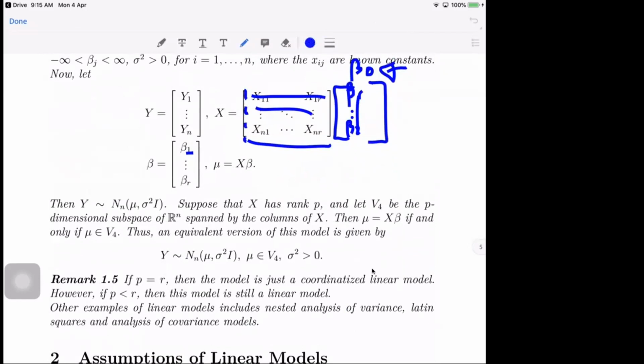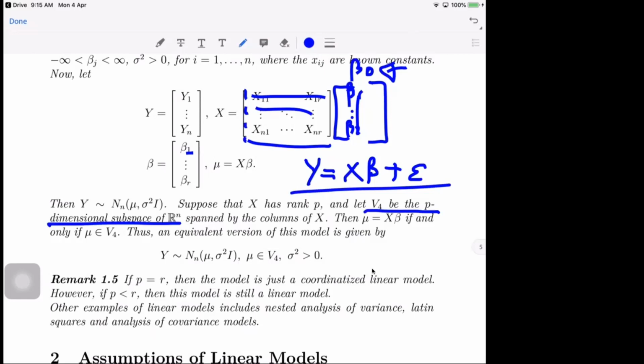So this is usually the model when coordinate-free: X beta plus epsilon. This is the coordinatized version, but if you have a coordinate-free version, you just define your subspace V4 and the equivalent model is this. What is important is where you will get your mean vector. Your mean vector will be taken from a p-dimensional subspace of Rn.